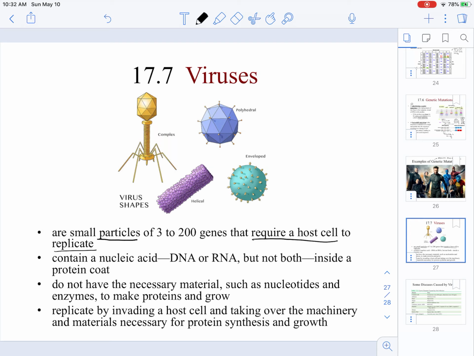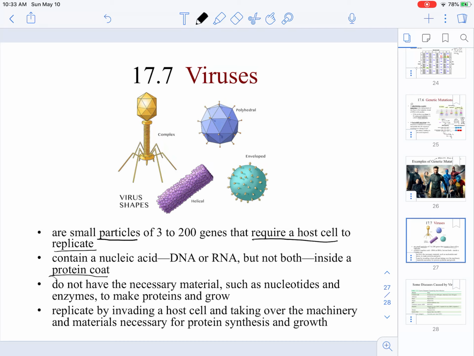So depending on the virus that we're dealing with, they contain nucleic acid. They can contain DNA or they can contain RNA, okay? And this nucleic acid is contained in something that is called a protein coat. And as you can see here in the figure, we have different types of viruses. They kind of look like very science fiction animals, but that's the reality of how they look.